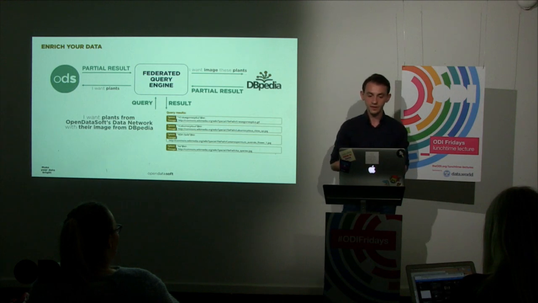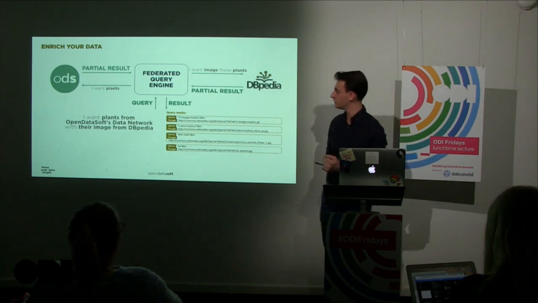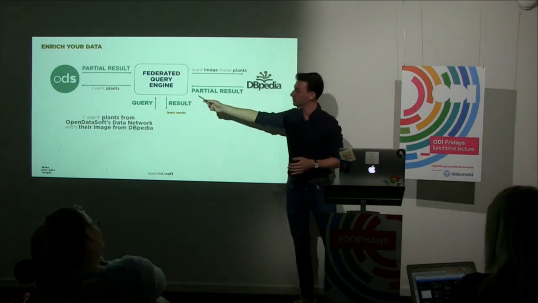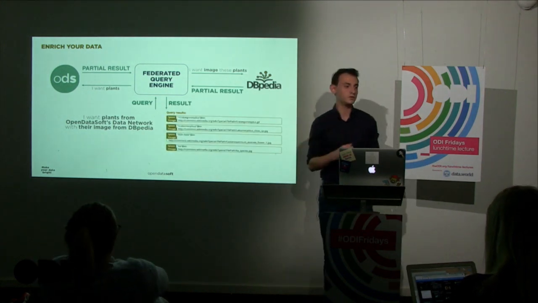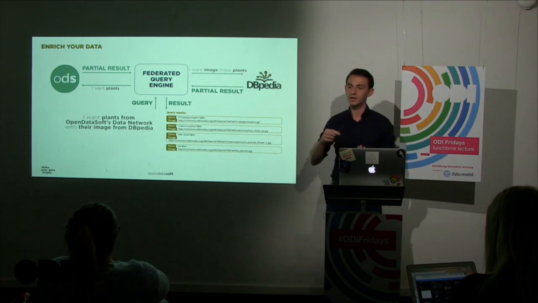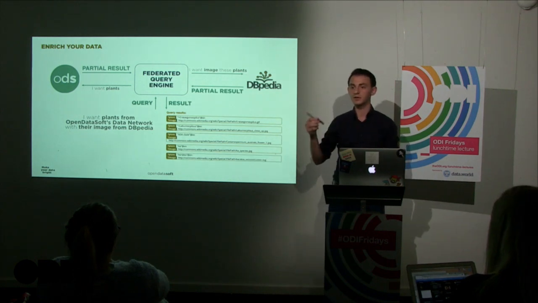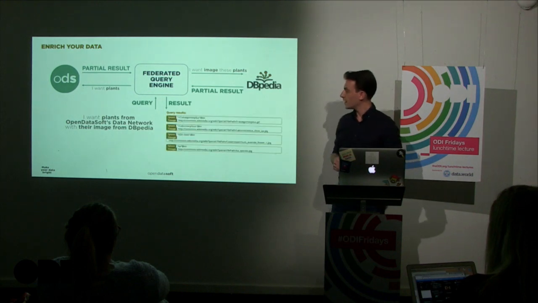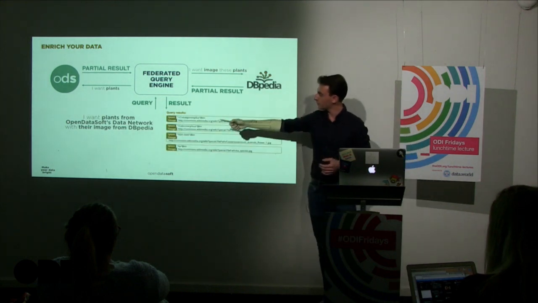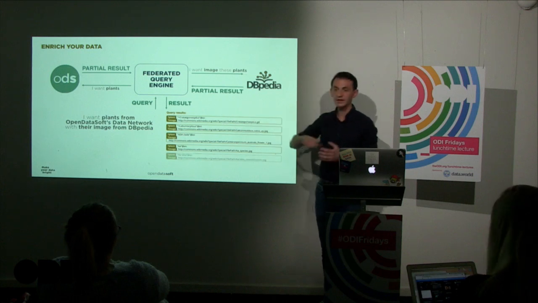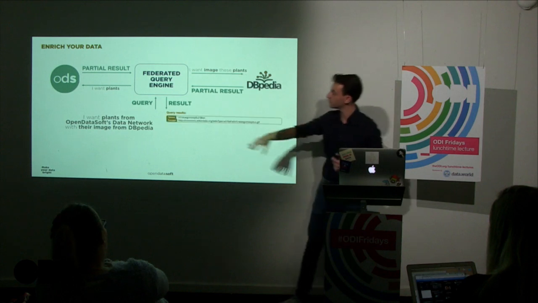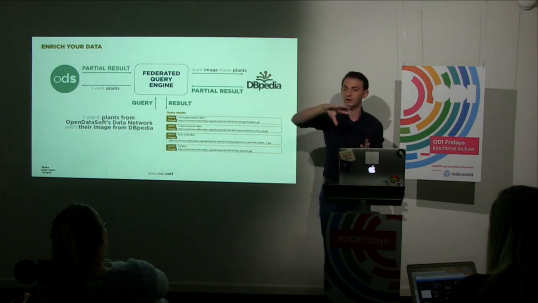Okay. So what you can do when you use linked data is execute a federated query. A federated query is just a query that will be executed on multiple linked datasets. So here I can ask the query engine to take the plants from OpenDataSoft, so from the first dataset that contains only plants.